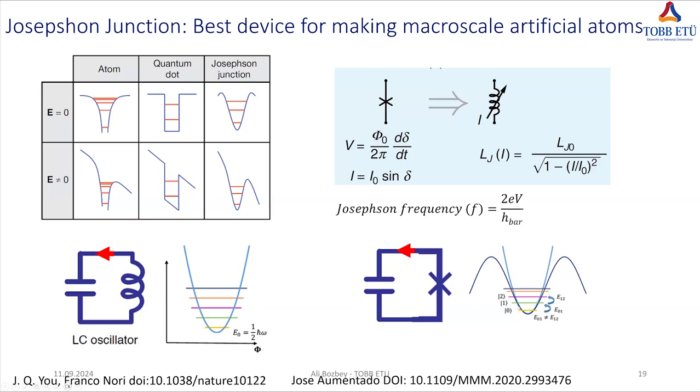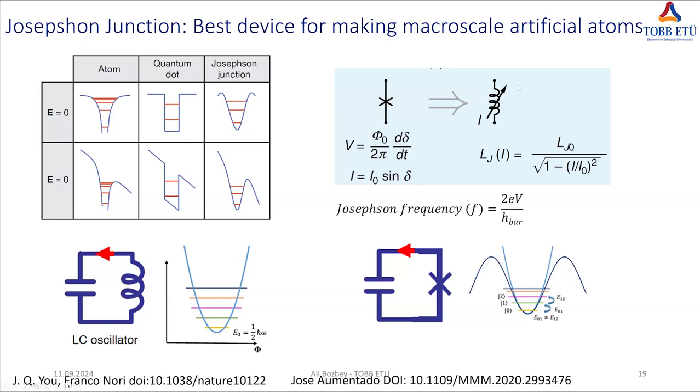In this case, the energy levels are not equally spaced. So the distance between the 0 state and the 1 state is different from the 1 state to the 2 state.